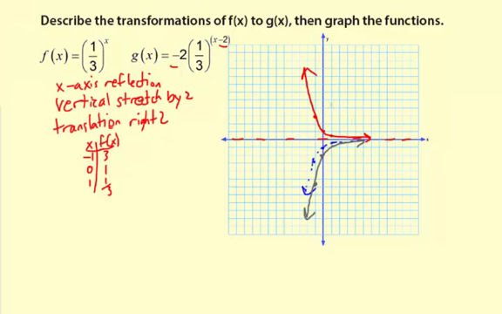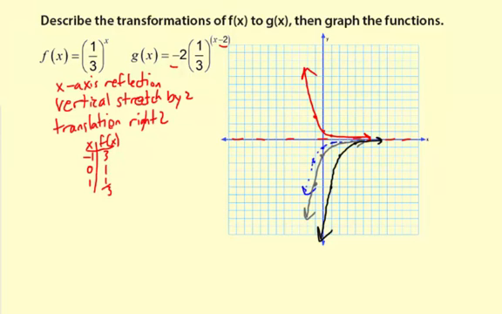Then there's a translation of 2 to the right. So translate each point that I plotted. Okay, so that's basically what the function should look like.